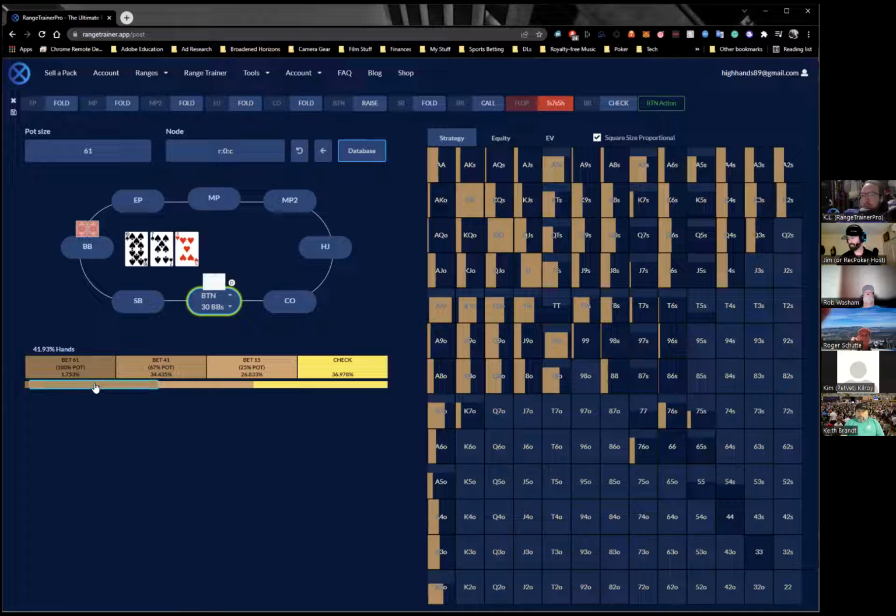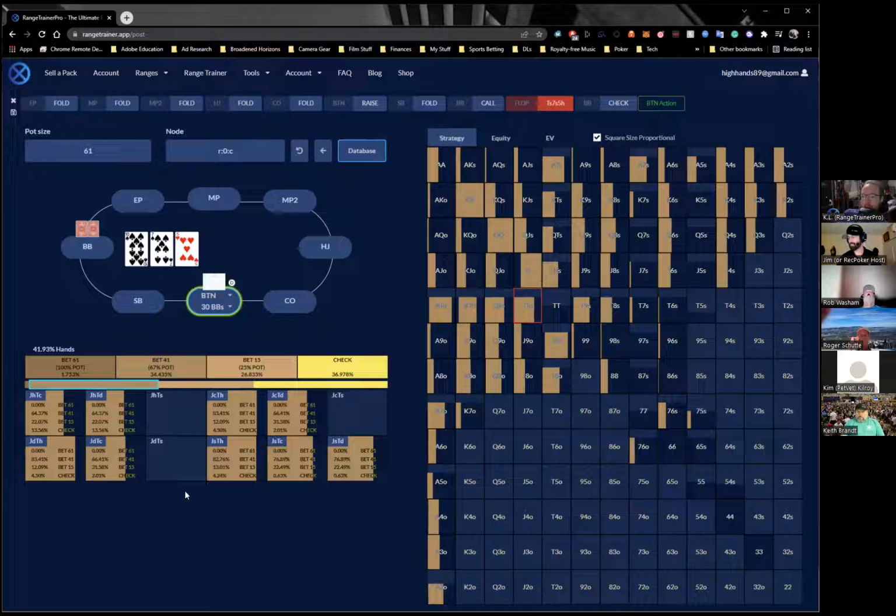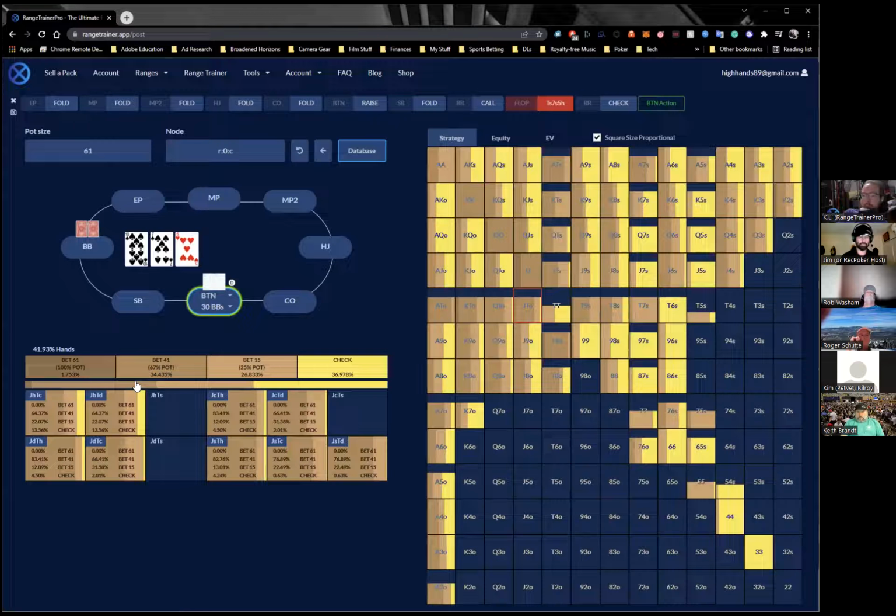Well, it's a lot of overpairs other than aces. It's a lot of top pair type hands, especially the unsuited variant. And then if you want to get even deeper, you can click on a hand and see what each combo wants to do. So I'll turn that off just by clicking it again.